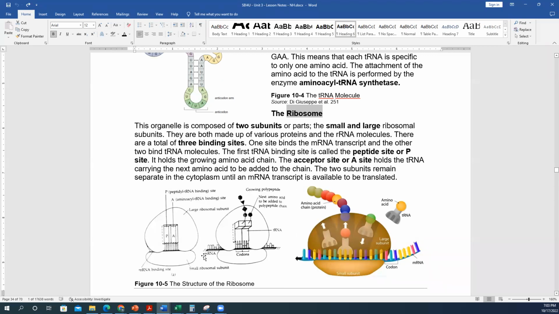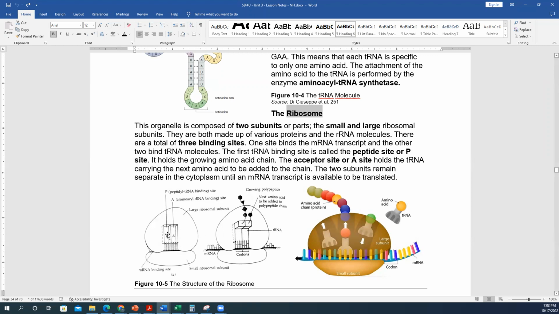So one of these sites is binding this mRNA transcript, which you can see maybe more colorfully in this picture. And the other 2 sites bind tRNA molecules that come in. This represents the other 2 sites, the P site and the A site. And here are 2 tRNAs that are wedged right in there.